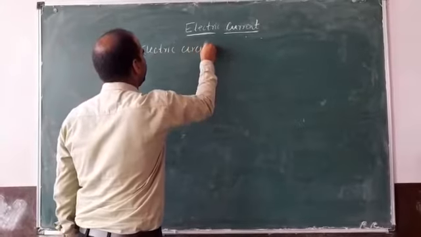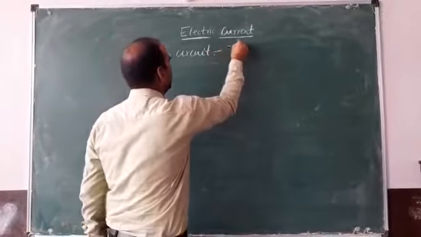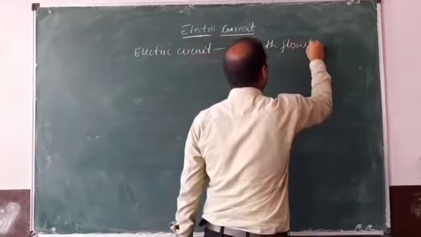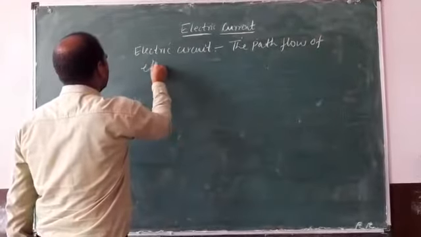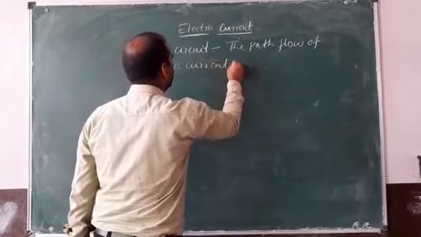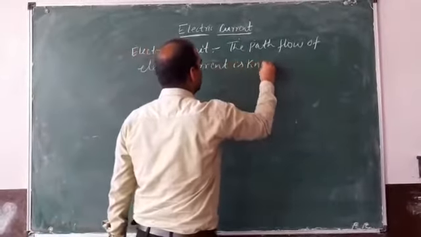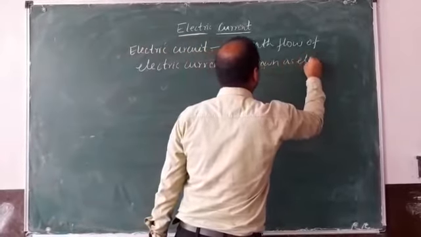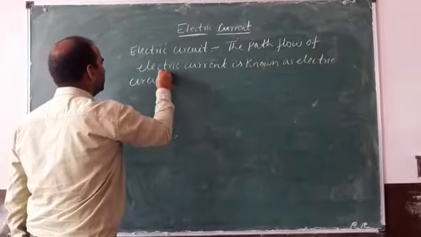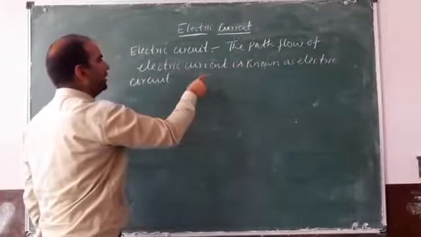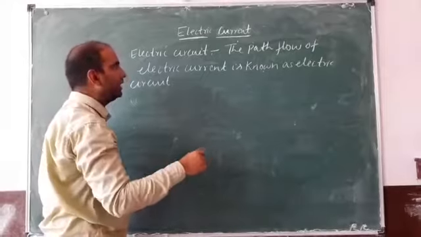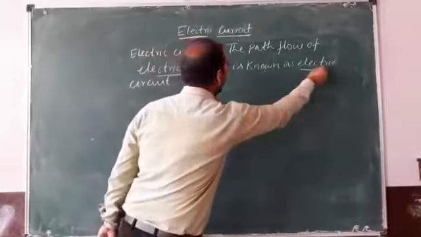The path of flow of electric current is known as an electric circuit. That is, the path of the electric current is known as an electric circuit.